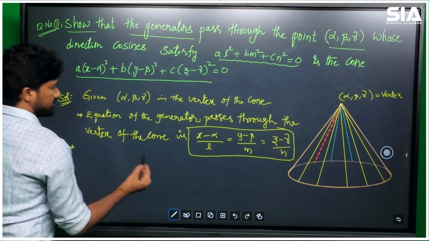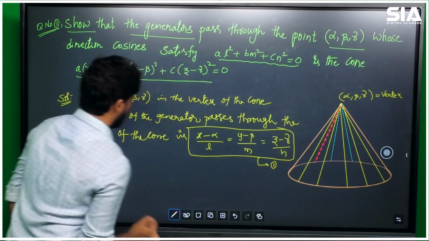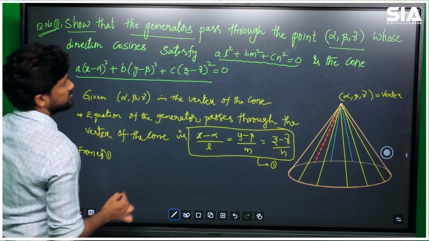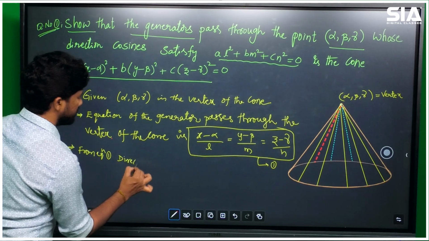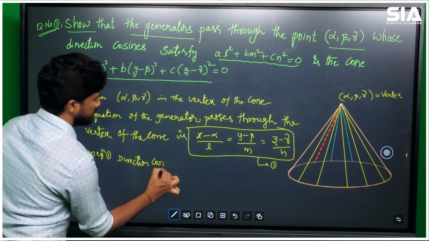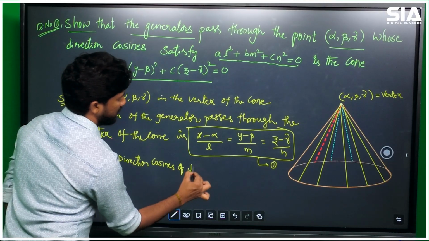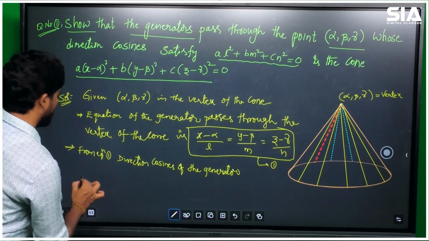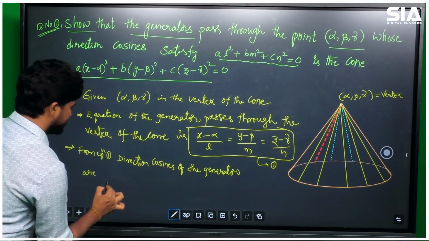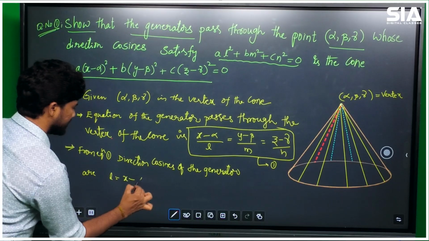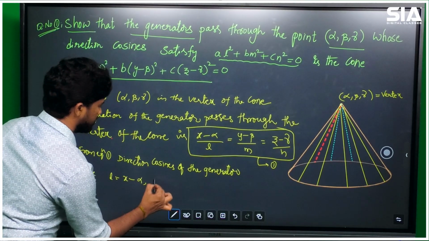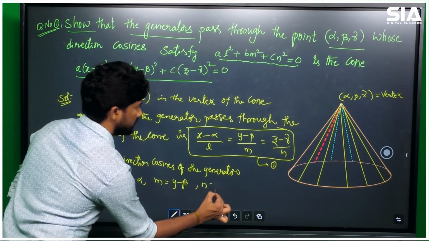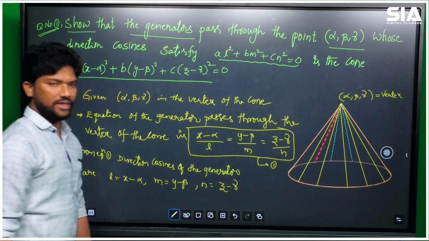So from equation number 1, the direction cosines of the generator are l equal to x minus alpha, m equal to y minus beta, and n equal to z minus gamma.